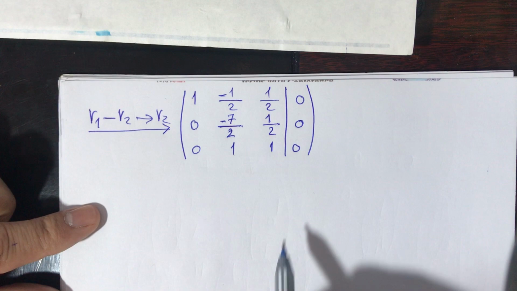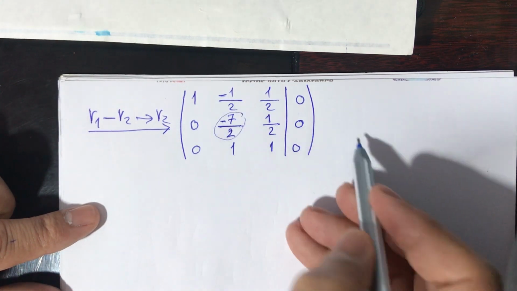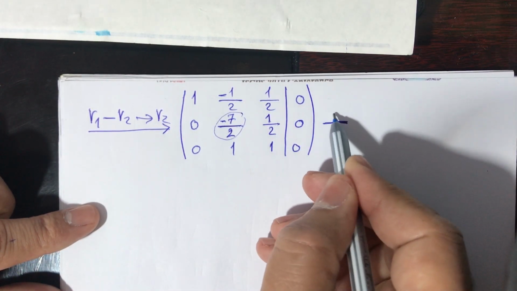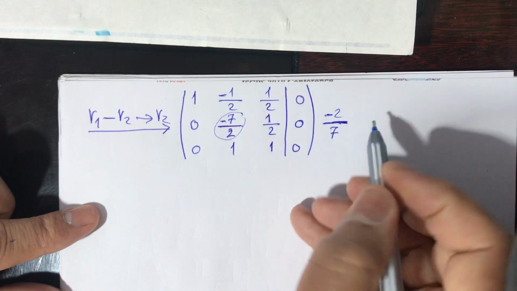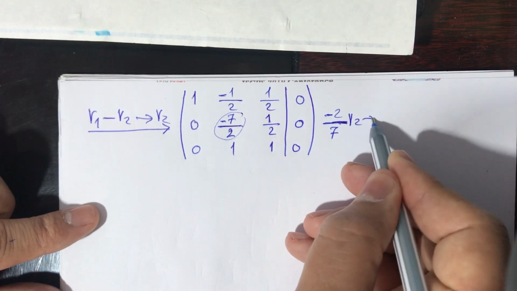And now try to make this 1, so we multiply by 2 over 7, R2, write in R2.